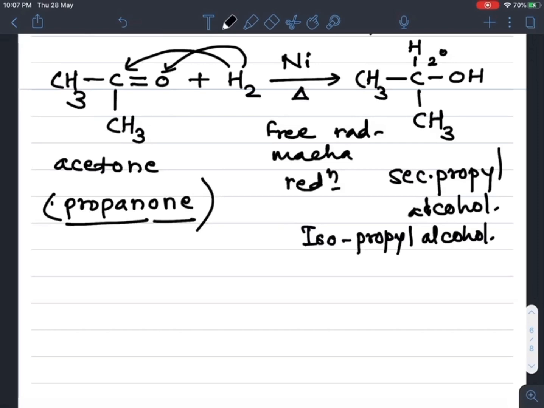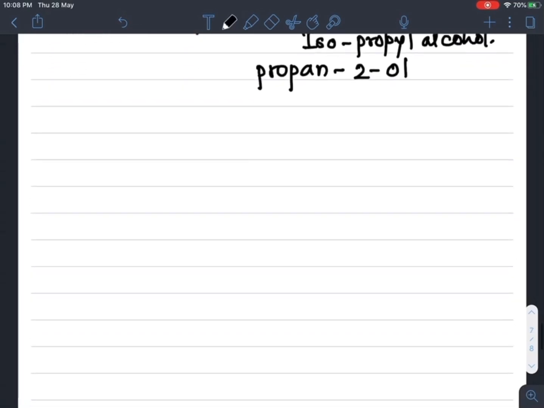So what is the IUPAC name? The 3 carbon containing alkane is propane, E is replaced by the number at which OH is attached, and the suffix OL is added. So propan-2-ol is its IUPAC name. Okay, if we take one more example, now you solve this.